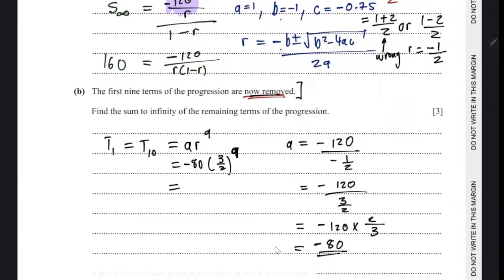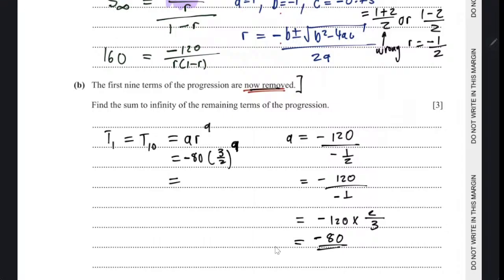Okay? Negative half, which means we multiply by negative 2 over 1, which means this will become positive 240. Okay? So now we will say this is going to be 240 by negative half to the power 9.